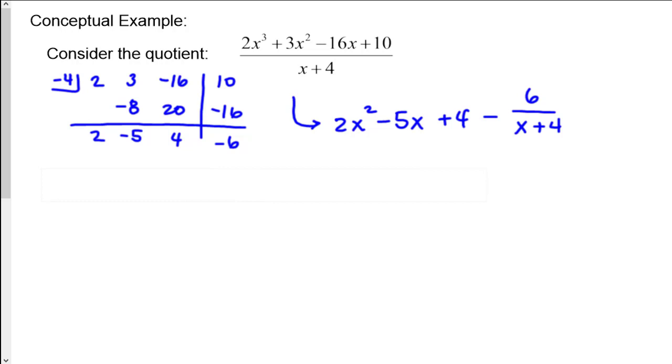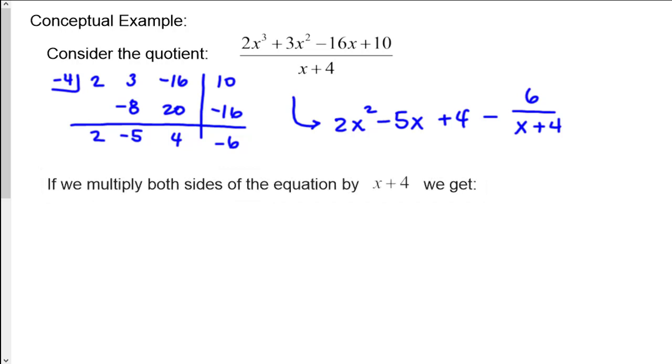Okay, now if we multiply both sides of the equation, because the equation I'm referring to is that this polynomial is completely equal to the polynomial that I've written in blue. If we multiply both sides of the equation by x plus 4, well, let's see what happens.